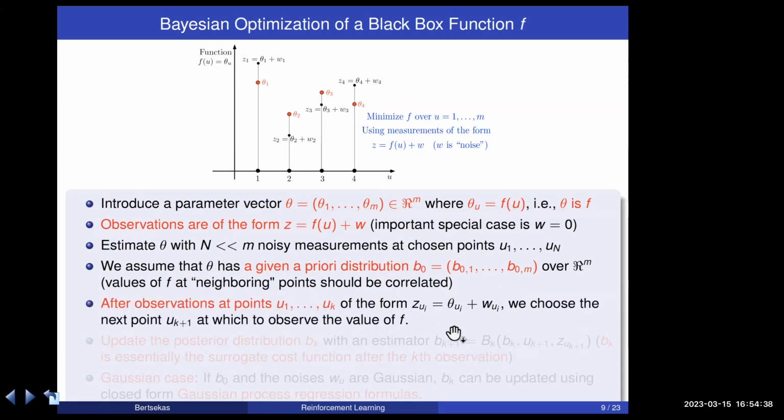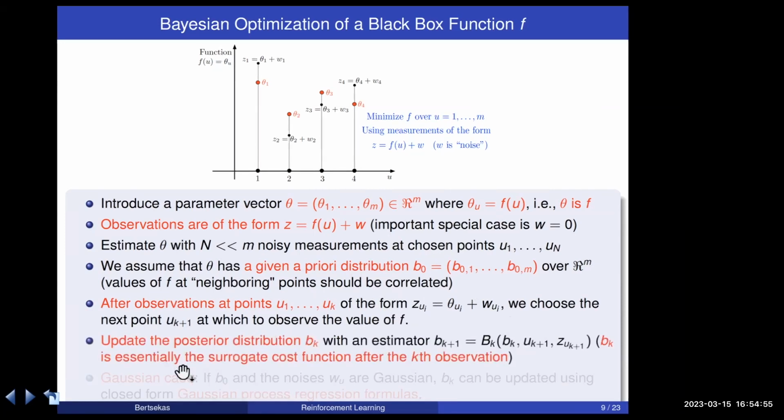Now, suppose that we have taken k observations at the points u1 up to uk of this type, the value of the function plus noise. Then we choose the next point at which to observe the value of f. We update the posterior distribution by using some estimator.